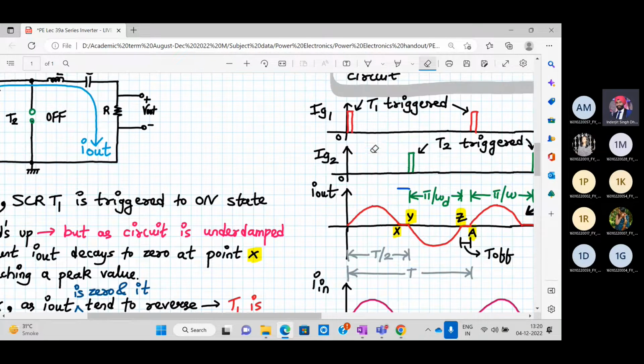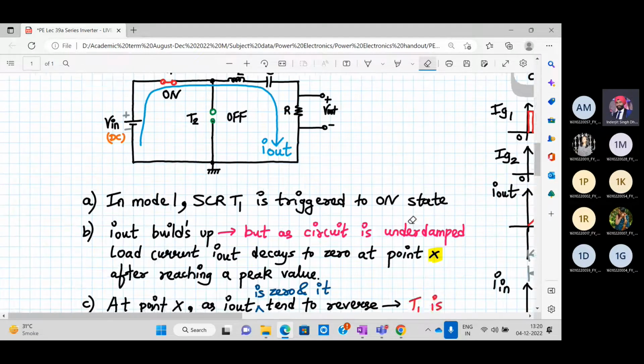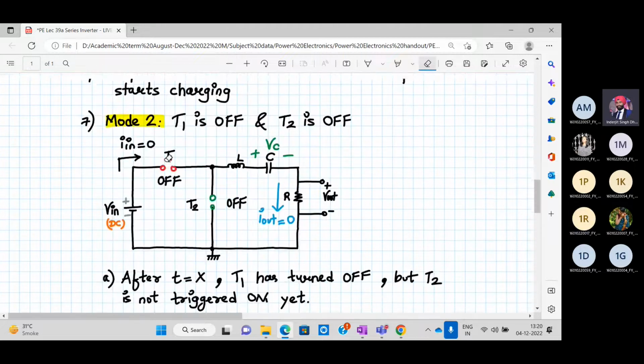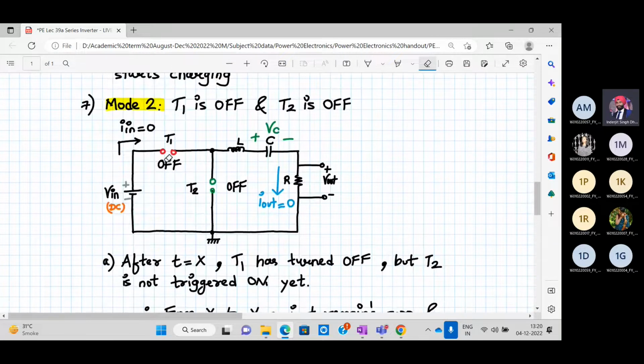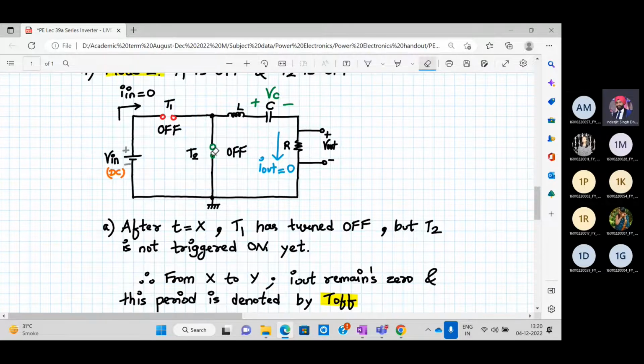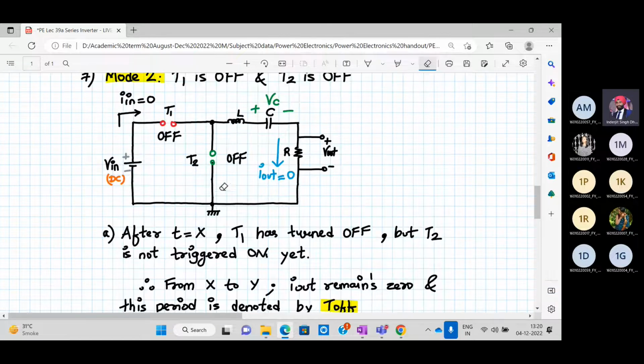So what will happen as long as this period is there between X and Y? Anyone can tell me? Between X and Y, the T1 is off. Yes, in X and Y, your T1 and T2 both are off. Because T2 is not triggered yet, T2 is actually in the forward blocking mode. It's capable of turning on, but it's not turned on yet because we have not applied the trigger pulse.